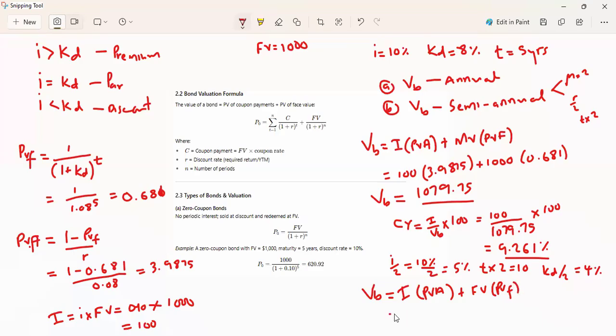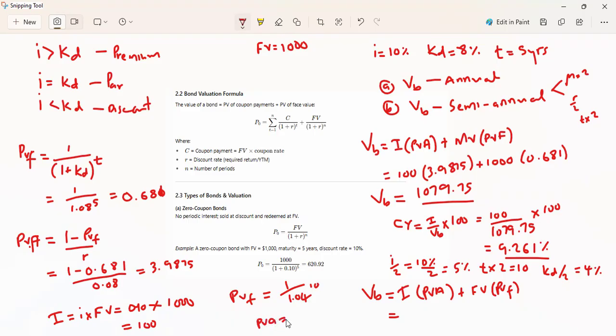Okay, so how do we find the present value factor? One over our market rate, which is 4%, so 1.04 to the power what? The time is now 10. Then with the answer, we calculate the annuity factor, 1 minus the answer.